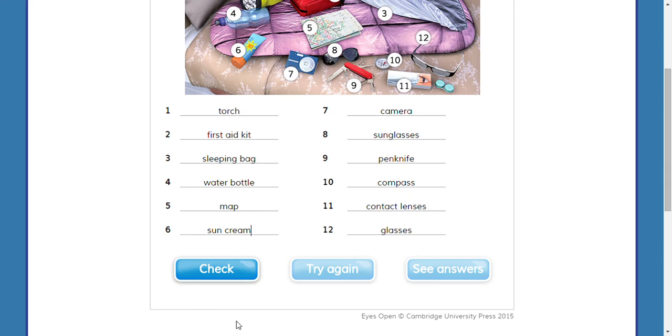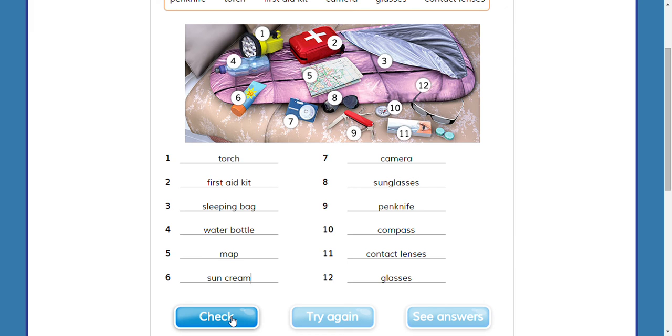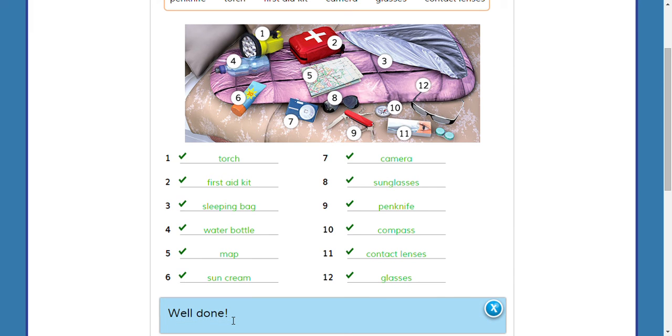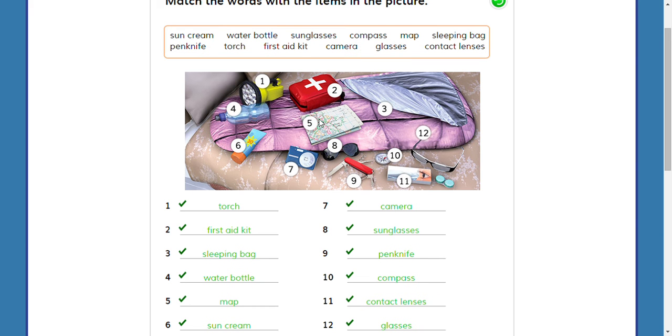Let's check our vocabulary. Here you can see the vocabulary and you can practice it. Once again, you can pause the video and then you can take notes. I continue with my activity.